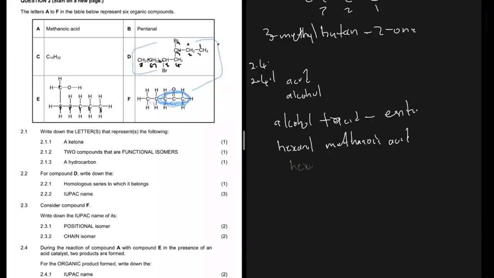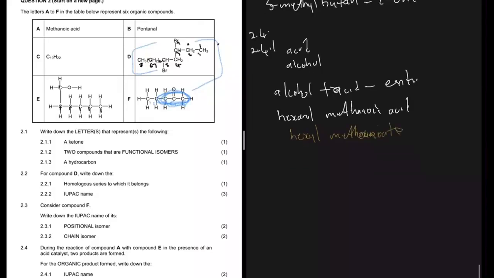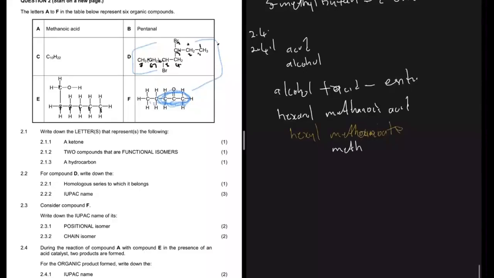You take the alcohol, hexanol, and it will become hexyl when you start writing the name of the ester. And then methanoic acid will become methanoate. The spelling is just confusing me there for a second.